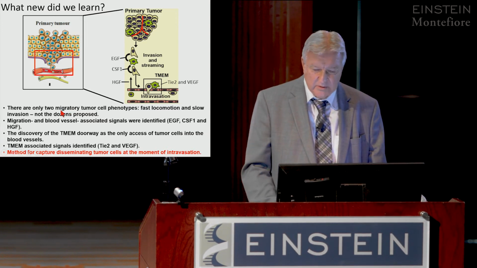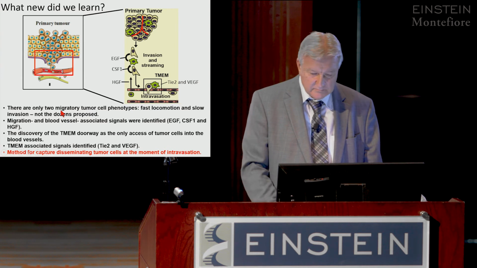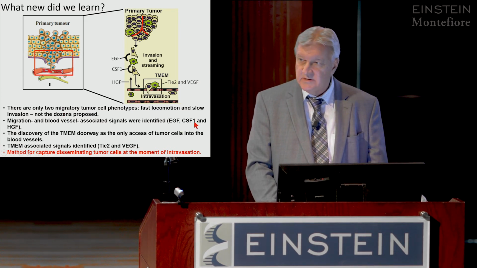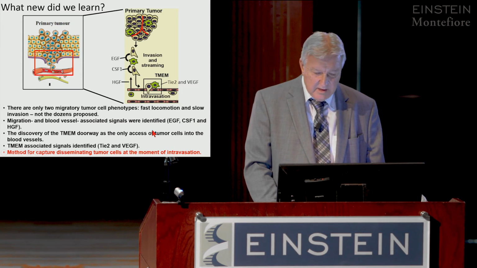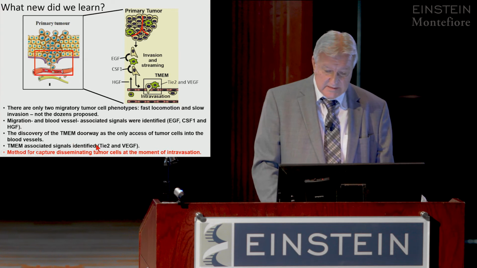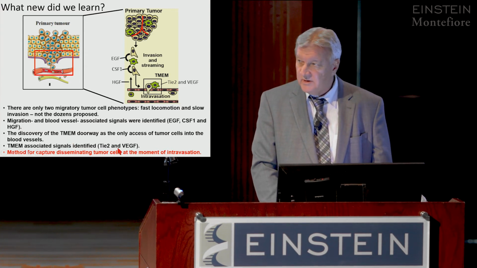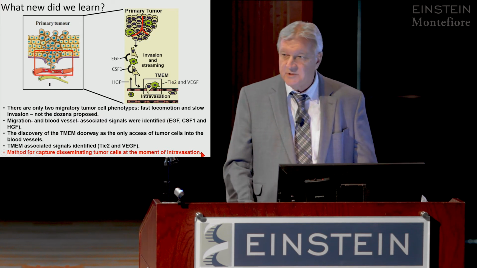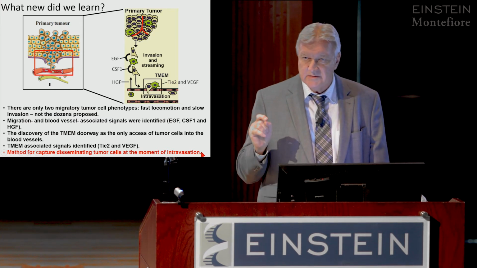So we learned that there are only two migratory phenotypes, fast and slow. We know now the signals that these cells use to find the blood vessel and enter it. We identified TMEM. We identified the signaling pathways that make TMEM function, and we got a surprise. That is, we got a method for capturing the disseminating cells at the moment of dissemination.